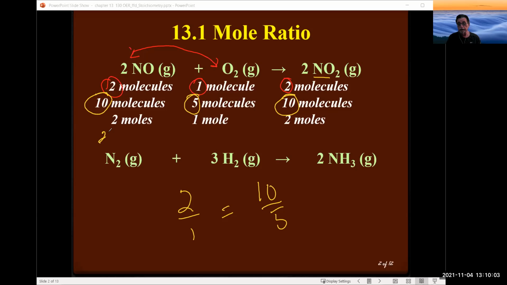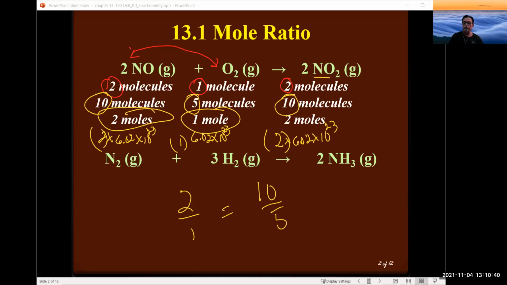So this is 2 times, remember, 6.02 times 10 to the 23rd molecules, and this is 6.02 times 10 to the 23rd molecules of oxygen, which gives us 2 times 6.02 times 10 to the 23rd molecules. You know, this is a 1 here, and this is a 2. Okay. And so we're not dealing with individual molecules, but if we did, that would be incorporating Avogadro's number.